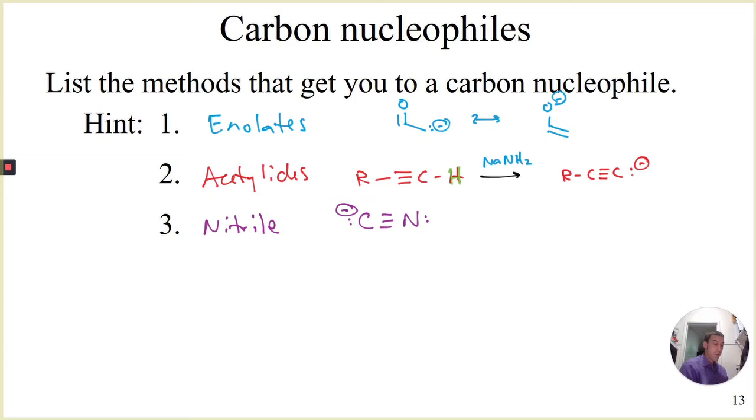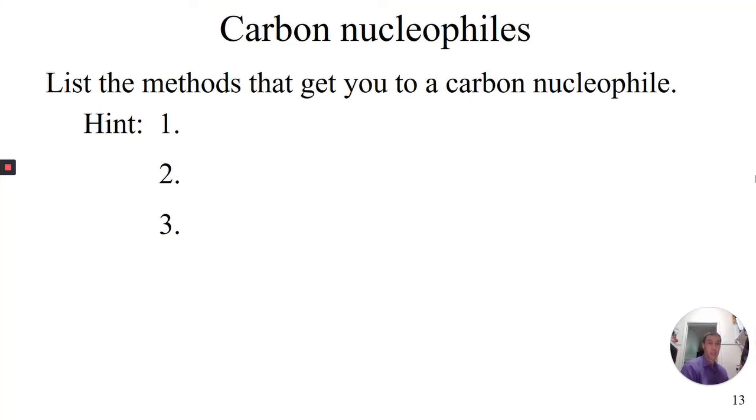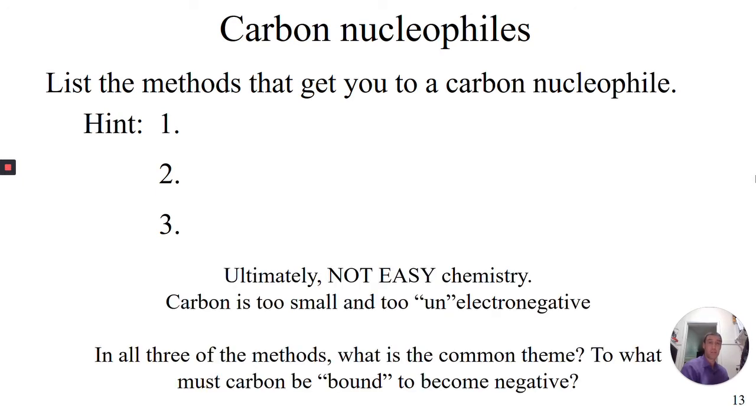So for that reason, carbon nucleophiles tend to be well studied, and this is where we end up encountering a bunch of named reactions, and they're named because, well, it's not easy chemistry. So they all needed that extra thing to cause the carbon to be electronegative.